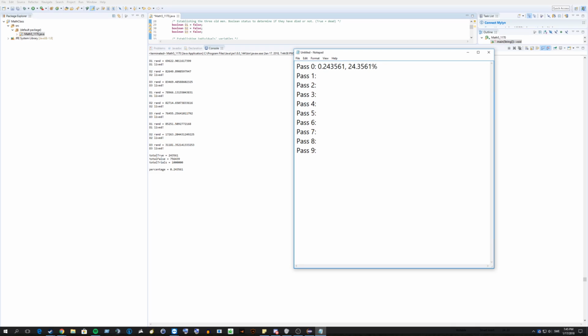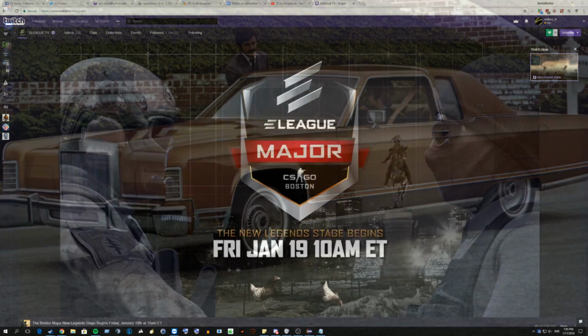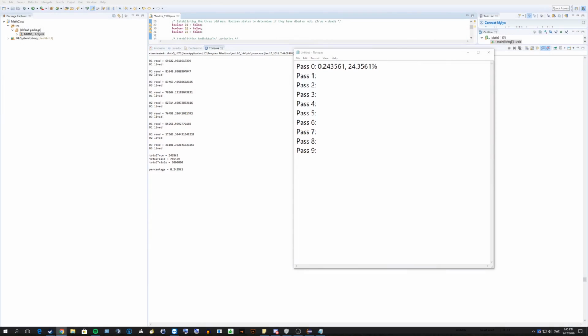Obviously, this is an amateur operation. If this was some professional science thing, I'd be using a supercomputer and doing 1 trillion simulations, but unfortunately I do not have the time nor the resources for that. So anything within 0.1 of 24.3 is acceptable. Let's make this look real nice.